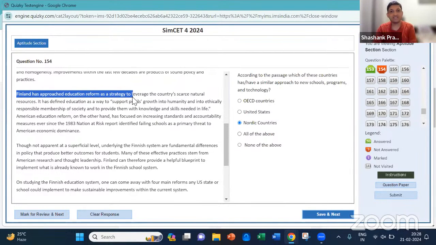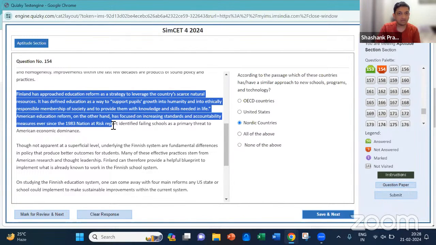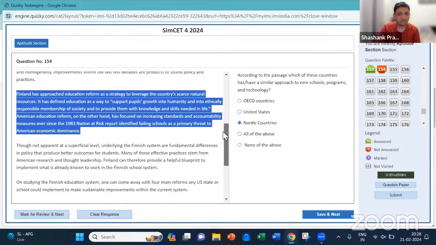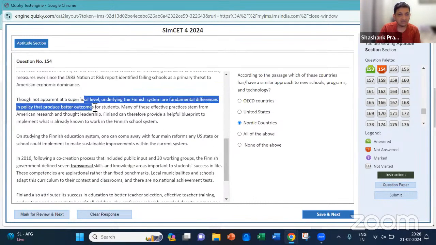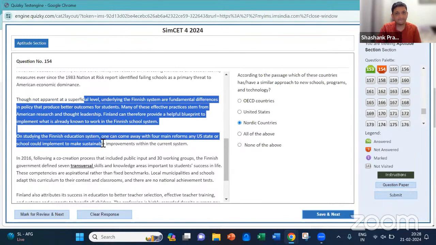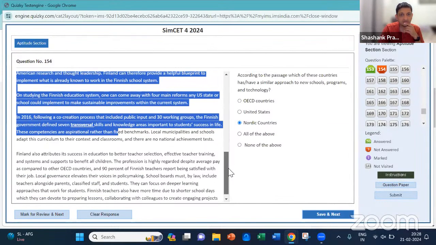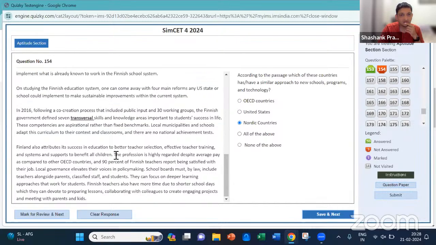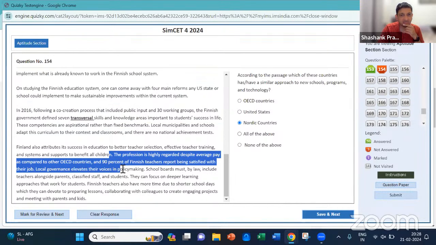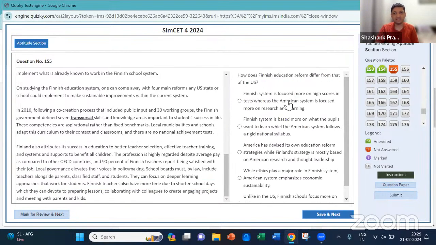Reform is a strategy to leverage the country's scarce natural resources. American education, on the other hand, so it's not the same as that. Fundamental differences. American research and thought leadership. 90% Finnish teachers, whatever. This is fine. This is fine. This is fine. I think Nordic will be the one, or maybe none of these. But okay, I'll go for this one.